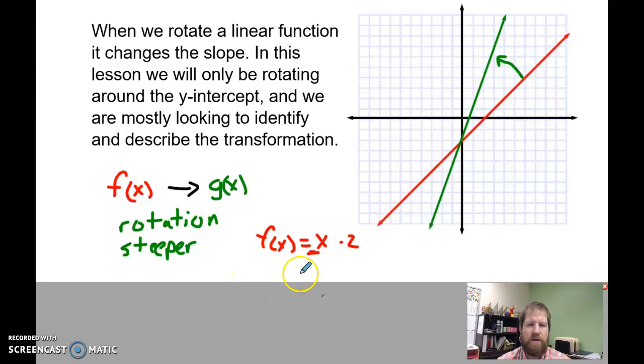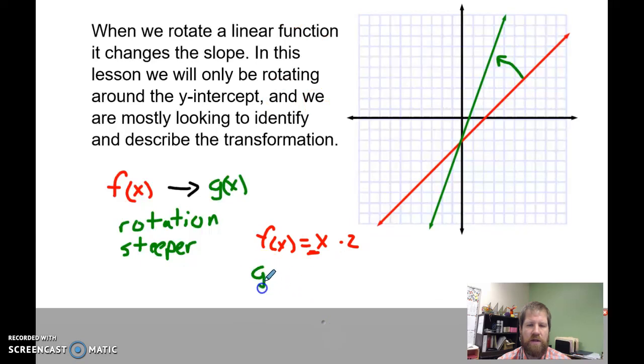And if I was going to get my g of x graph, it's going to be g of x equals 3 over 1 times x minus 2. Okay, so that would be my change. It would be it got steeper, the slope increased, and in this case it increased by 3 times.